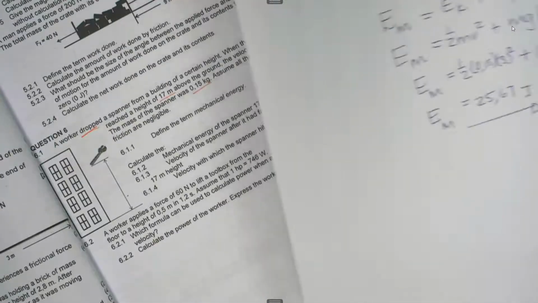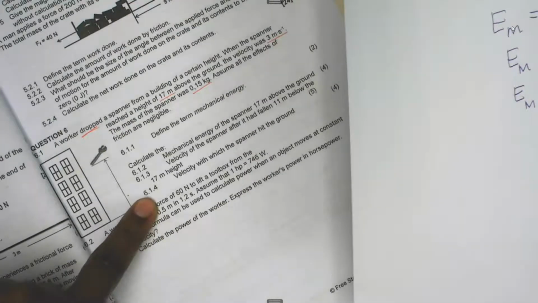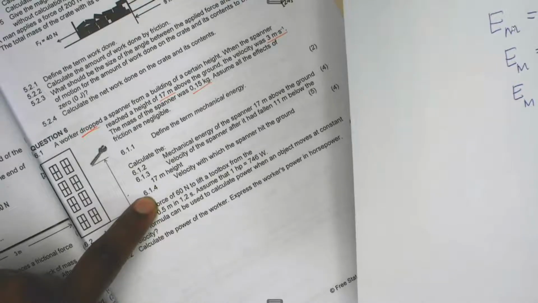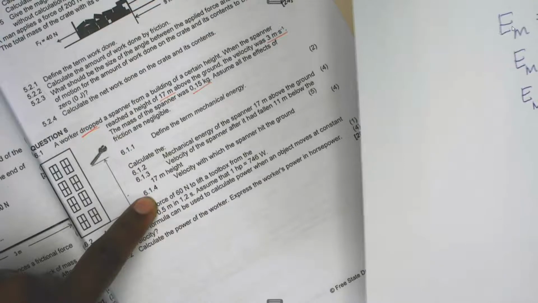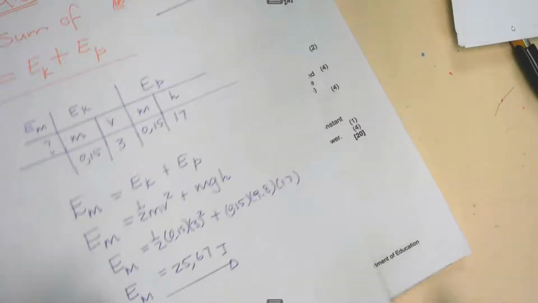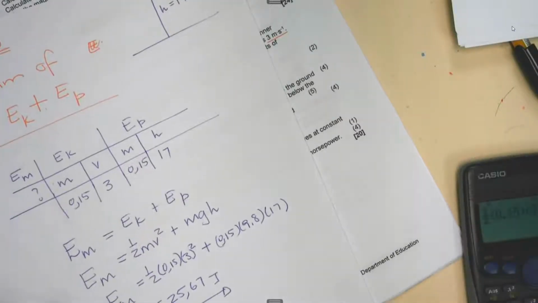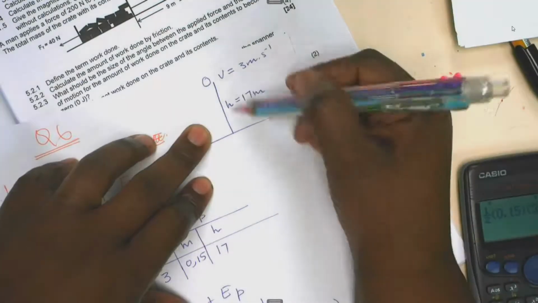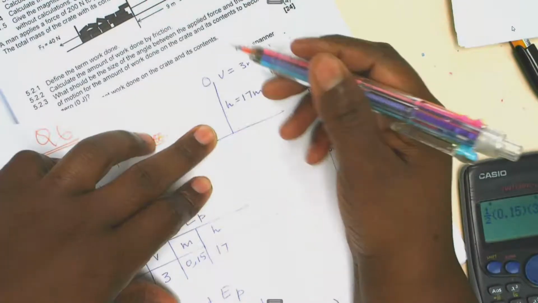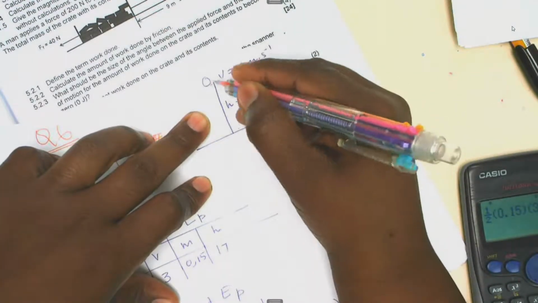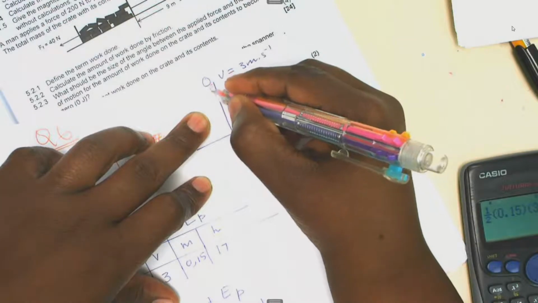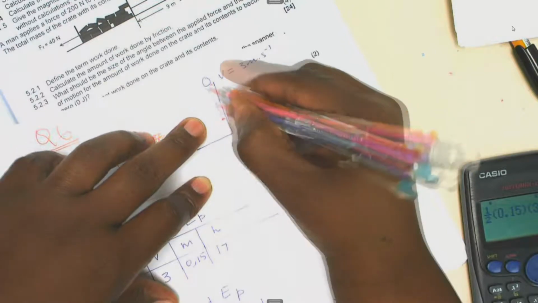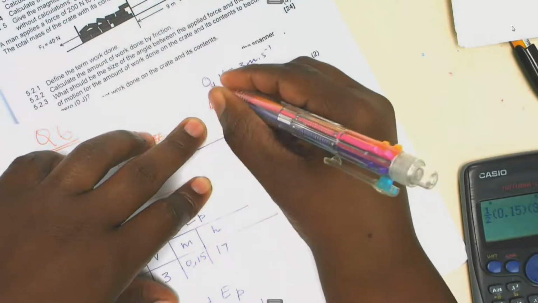That was 6.1.2. And 6.1.3 says, calculate the velocity of the spanner after it had fallen 11 meters below the 17 meter height. If we look here, at this height it is 17 meters. So if it goes from this point 11, let's say it is here, and this is 11 below where it started.